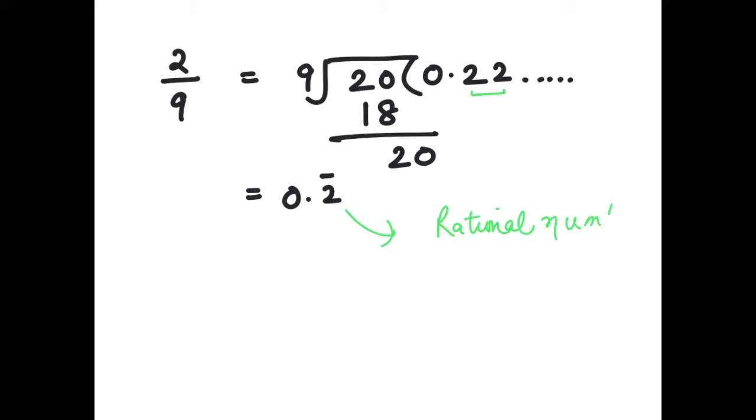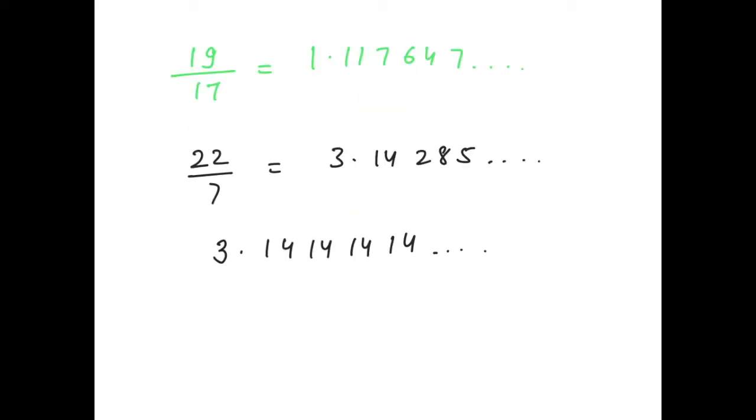So what kind of fraction is not a rational number, which does not give you a definite pattern? In this example, 19 over 17, you get a decimal which is not terminating and it does not have a terminating type of pattern. So you can say 1, 1, 7, 6, 4. There is not a definite pattern. So this type of fraction is not a rational number.